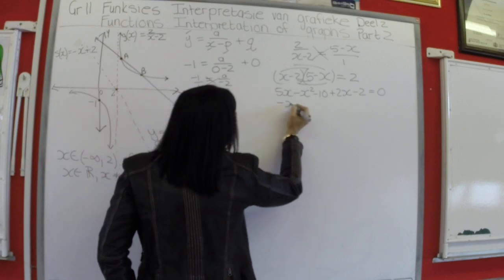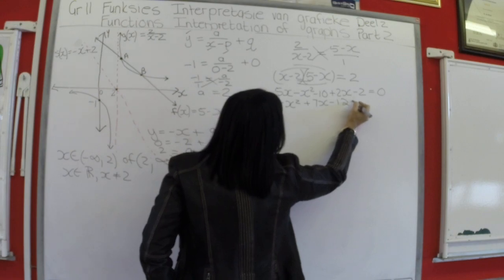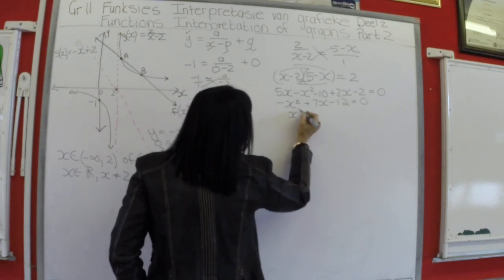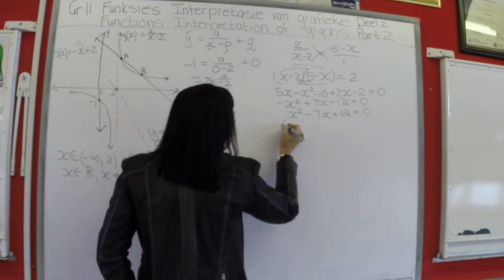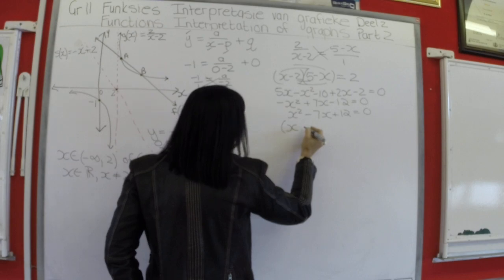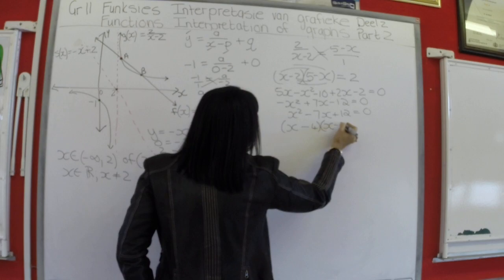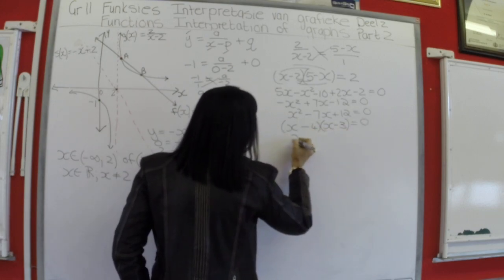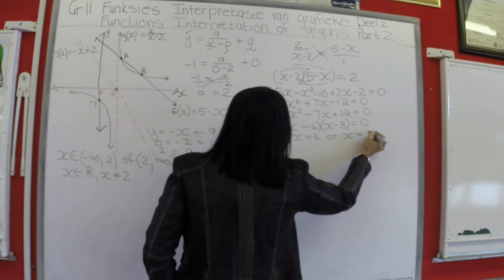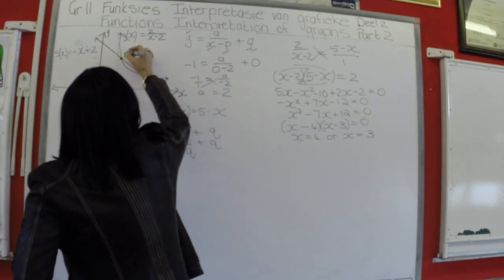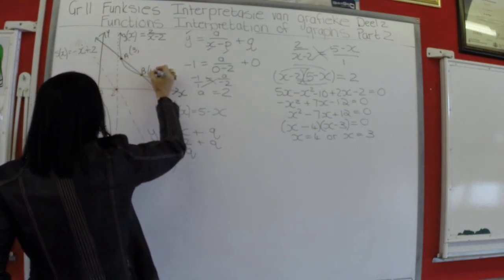Okay, then we've got minus x squared plus 7x minus 12 equals 0, en dan het ons x kwadraat minus 7x plus 12 gelyk aan 0, so ek kan kry x is dan (x minus 4)(x minus 3), and there's two x values, x equals 4 or x equals 3. Goed, so ons weet nou dat hierdie waardetjie gaan wees 3 en daai waarde gaan wees 4.